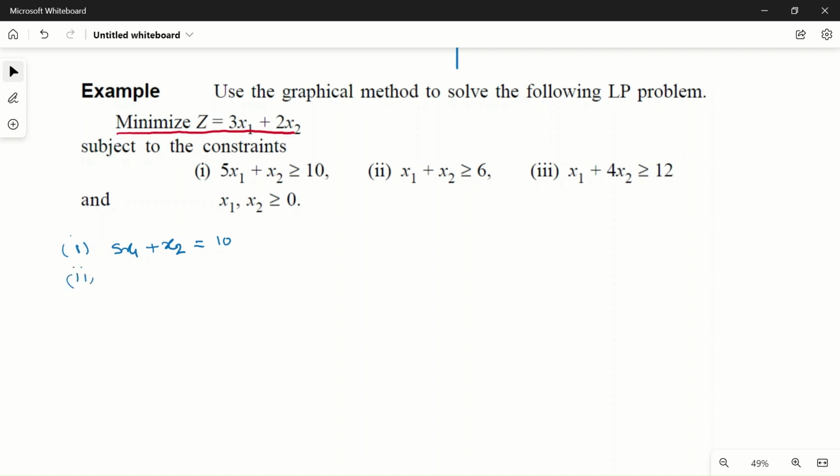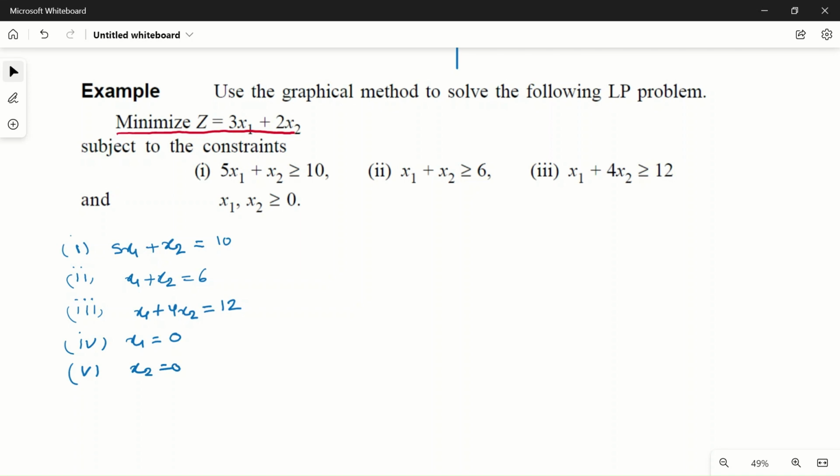Second constraint is x1 plus x2 is equal to 6. Third one is x1 plus 4x2 is equal to 12. Fourth one is x1 is equal to 0. Fifth one is x2 is equal to 0.